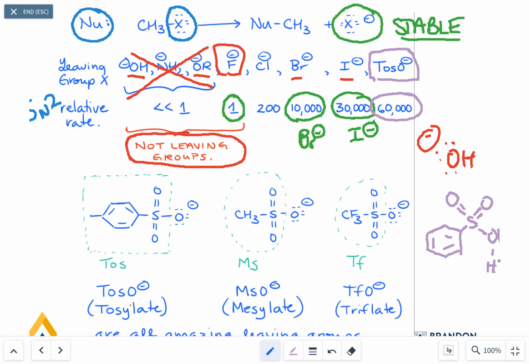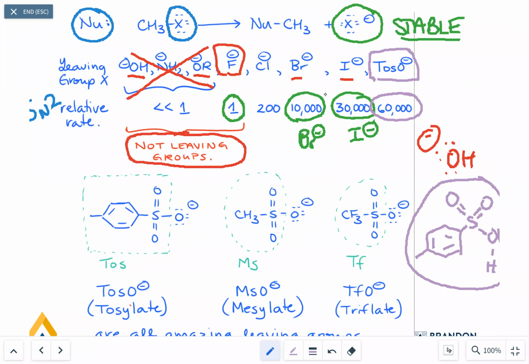I'll draw it down. There we go. This functional group specifically. Okay, we got an aromatic group here, but what's the other functional group in this molecule? Sulfonic acid, that is correct.